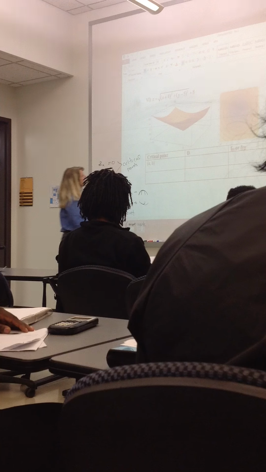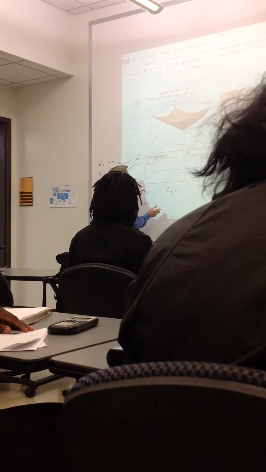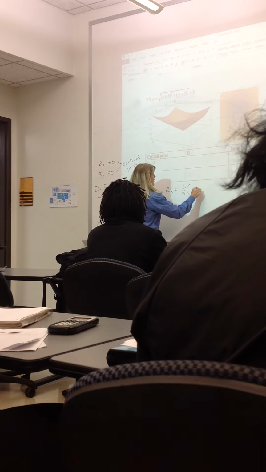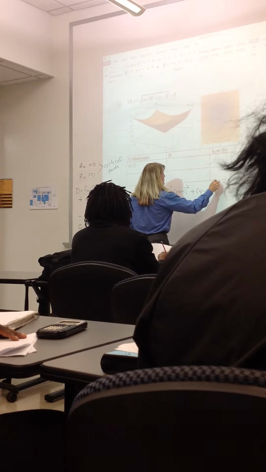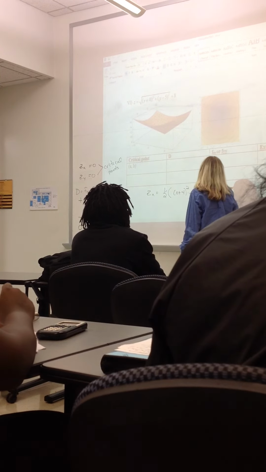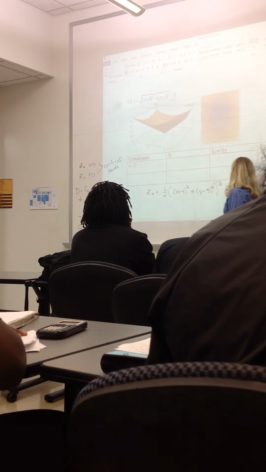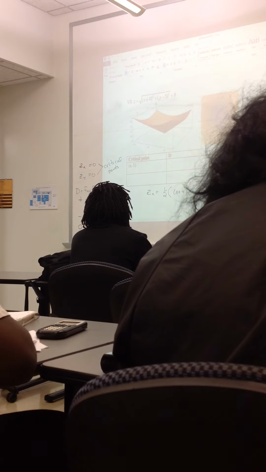Okay, so for this example, my derivative with respect to x will be 1/2 times (x plus 4) squared plus (y minus 5) squared, to the minus 1/2. I'm taking the derivative with respect to x, and so the chain rule would have me multiply by 2 times (x plus 4) to the first power.